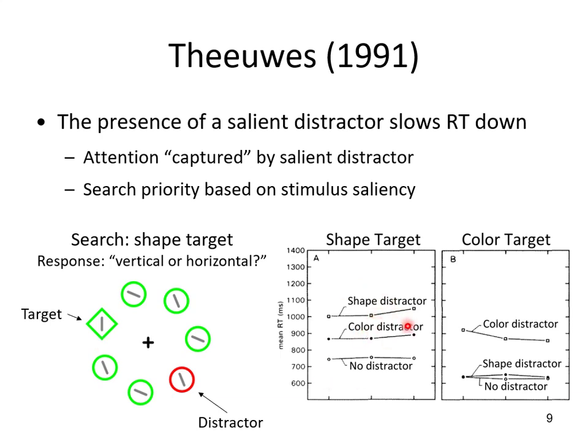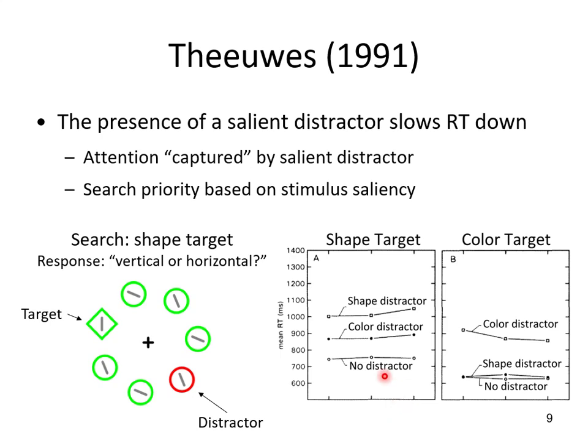So let's just look at the data here. So for the low distractor condition, all the items are green circles, no red circles, okay? So of course this is the easiest, so it's fastest. The more important condition is when you have a color distractor, what will happen? Well, it happens that the color distractor condition is slower, right? It's slower than the low distractor condition.